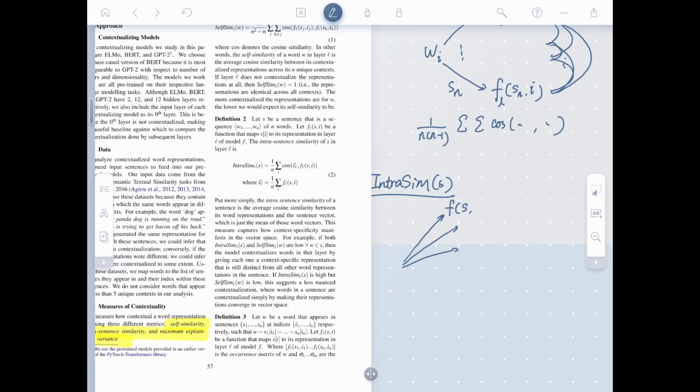Let's say this is word 1, word 2, word 3, and you take the average of these word vectors into a sentence representation, which is F_s.